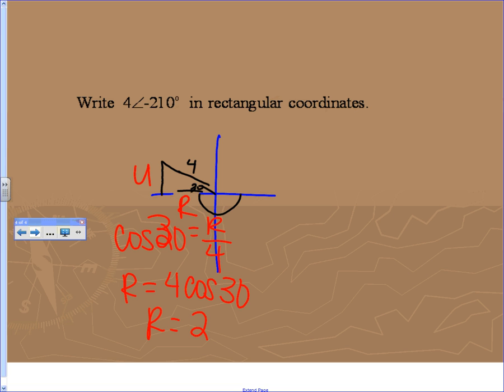Oh, wait, no, cosine is 3.464. Okay. There we go. And it's bigger. Well, we'll get to the negative part. But yeah, that's R.